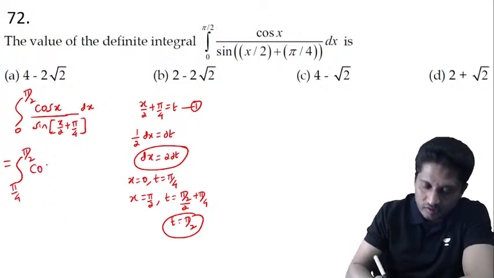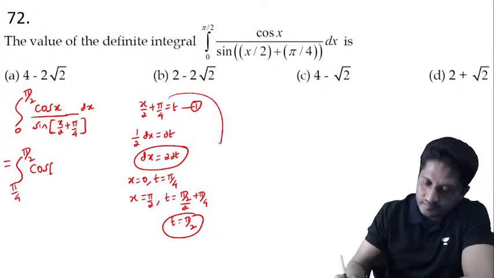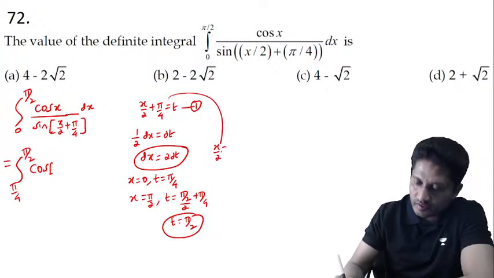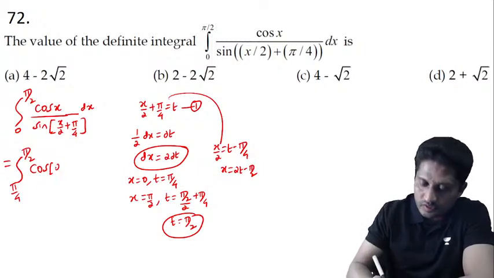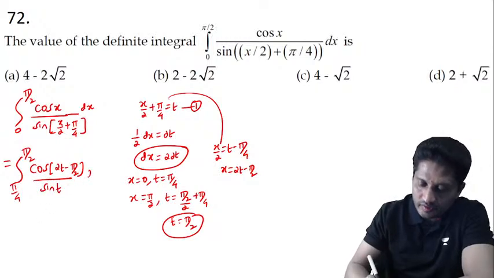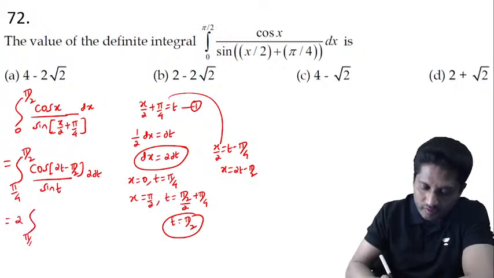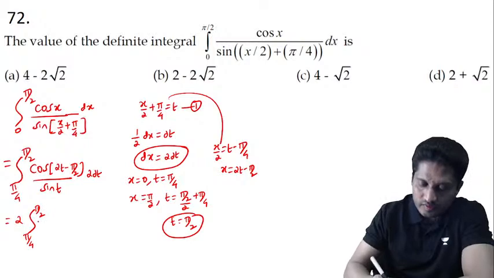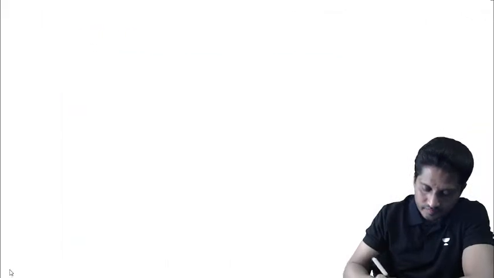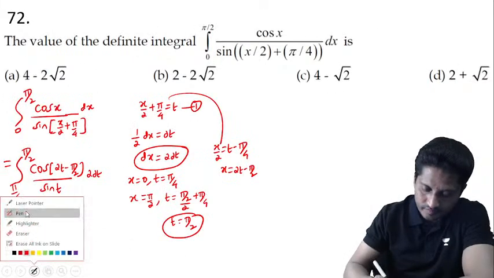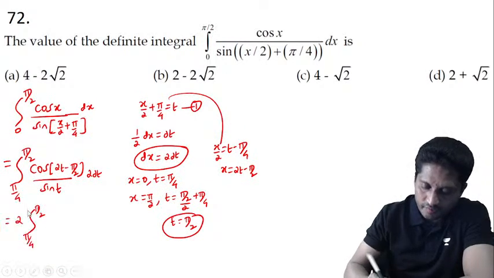Okay, and then this is equal to cos of, substitute the value of x. From this I can write x by 2 is equal to t minus pi by 4. And if I substitute, x is equal to 2t minus pi by 2. So this is cos of 2t minus pi by 2, whole divided by sine t, and dx is equal to 2 into dt. Okay, so 2 times integration of pi by 4 to pi by 2, cos of 2t minus pi by 2.